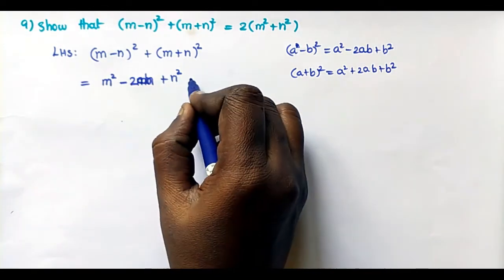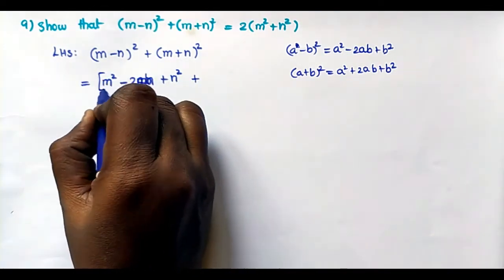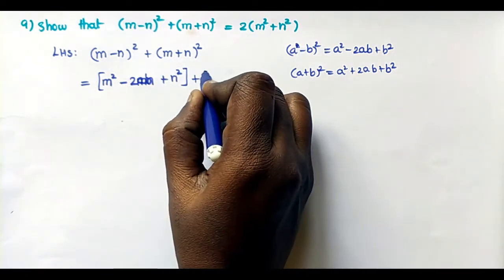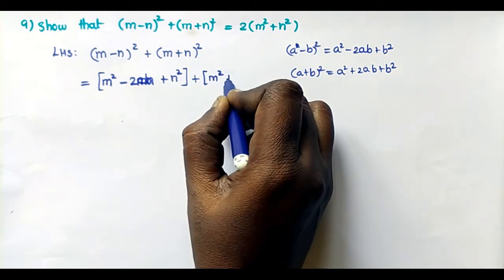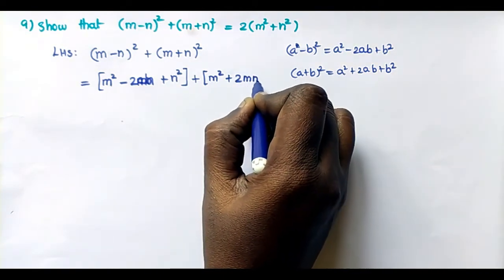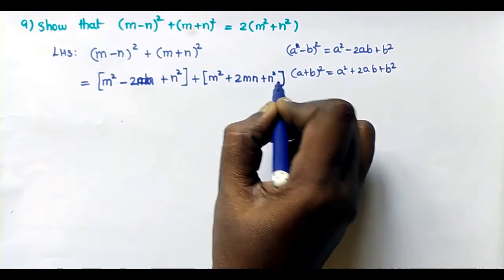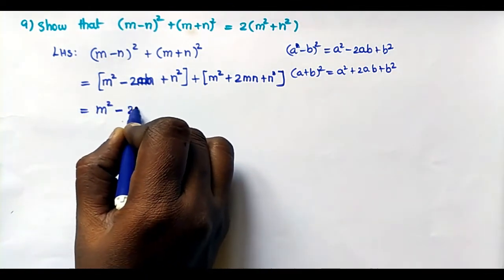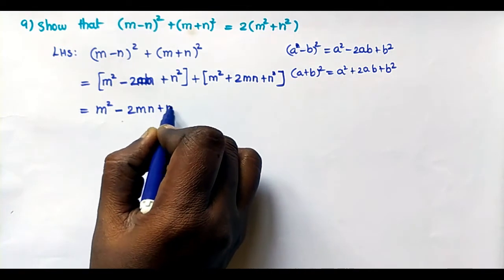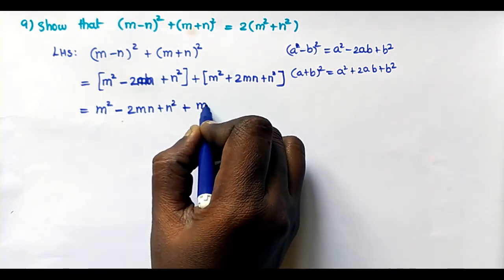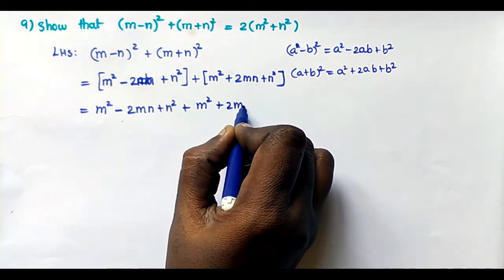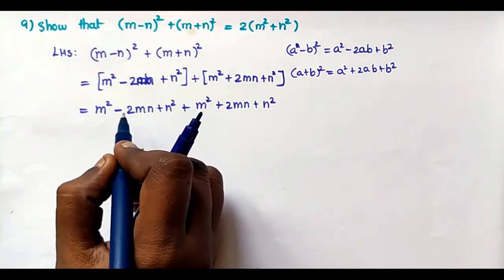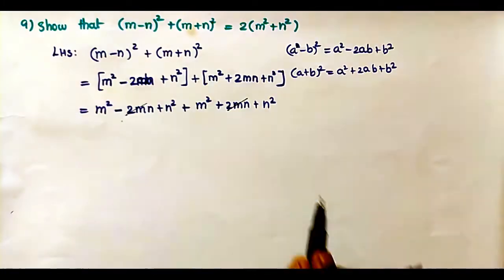Now expand: m minus n whole squared is m squared minus 2mn plus n squared, and a plus b whole squared, that is m squared plus 2mn plus n squared. Now remove the bracket. m squared minus 2mn plus n squared plus m squared plus 2mn plus n squared. Here minus 2mn plus 2mn cancelled.